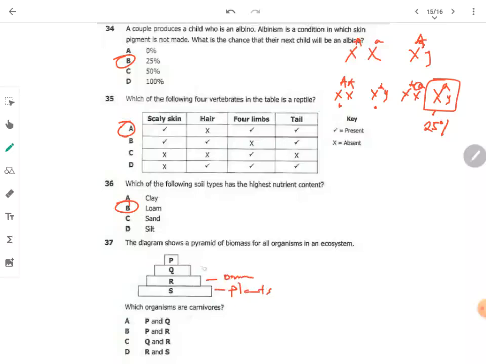Then we have carnivores that depend on flesh. Then we have herbivores. You can also find herbivores here because they feed on plants. Now, which one is a carnivore? Carnivore is P and R. Remember here you can find a carnivore. And R, I also said you can find a carnivore here.